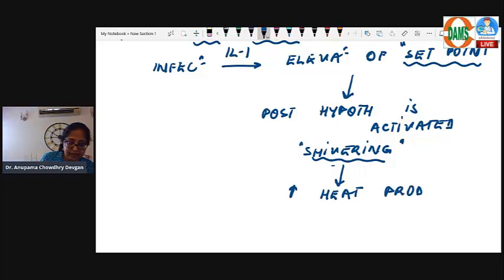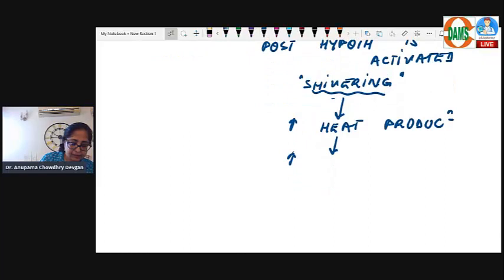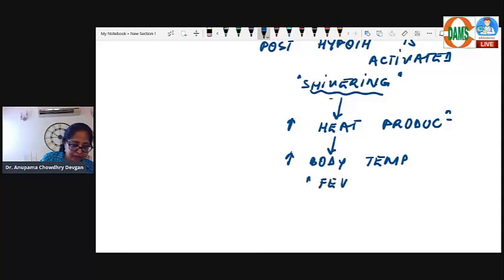There is increase in heat production, and that increases the body temperature, which is now called fever. So the posterior hypothalamus is activated, there is shivering, increase in heat production, increase in body temperature, fever.